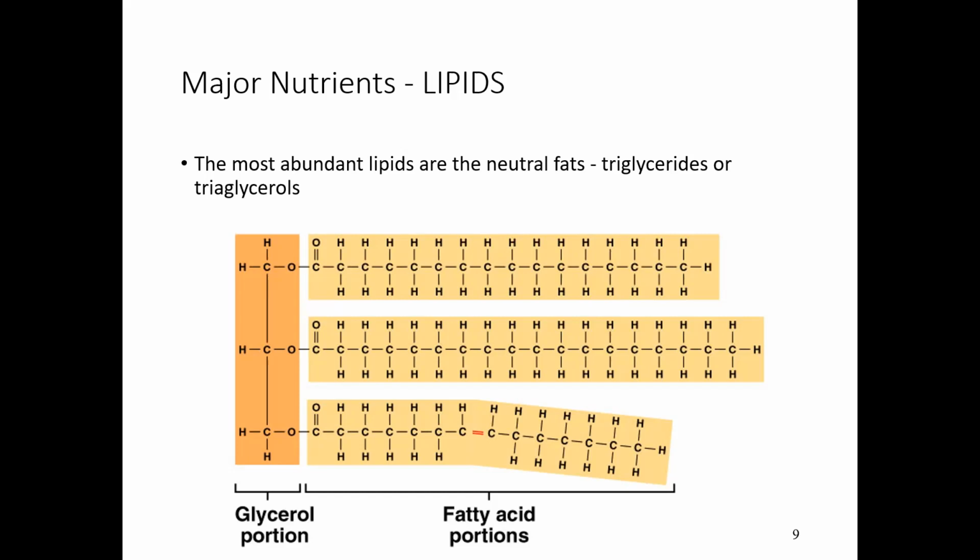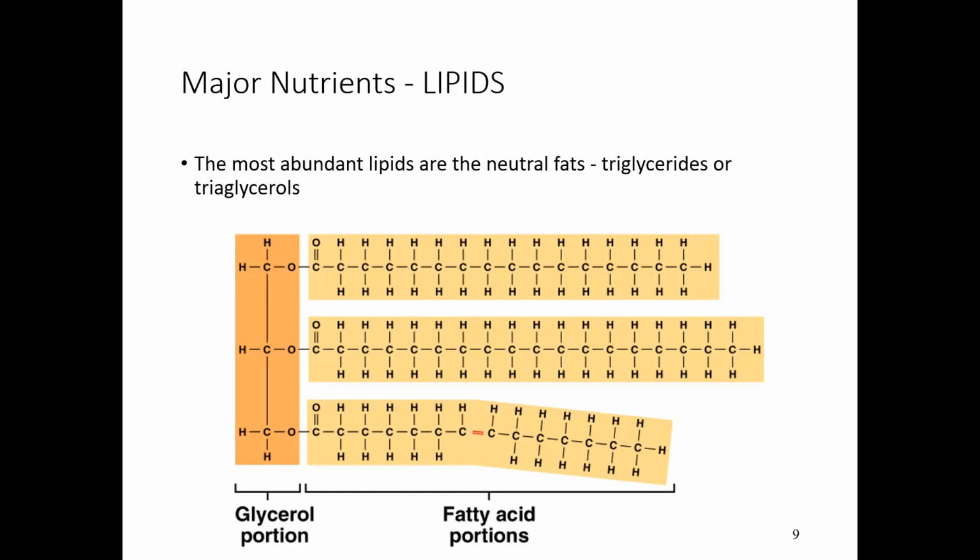Okay, what about the next one? The next one are the lipids. And lipids probably get more of a bad reputation than carbohydrates do. The lipids that we look at in our diet are the neutral fats, the triglycerides, or triglycerols, for example. So we know what a triglyceride is. It is a 3-carbon alcohol, glycerol, with 3 fatty acid chains attached to it.